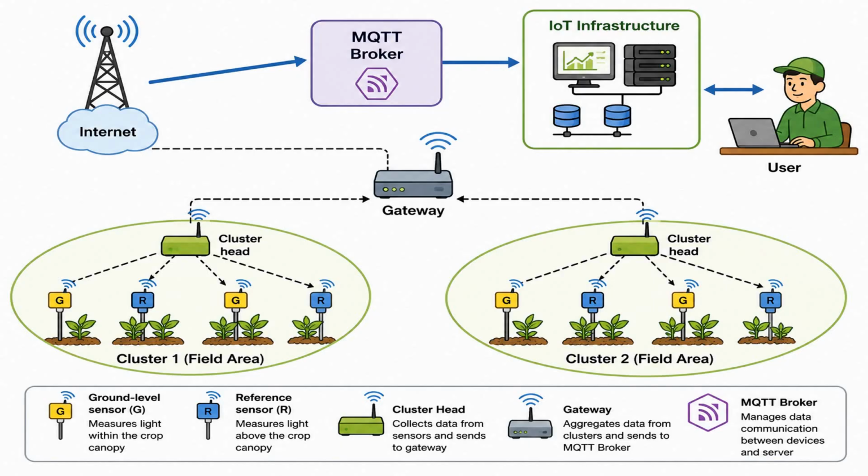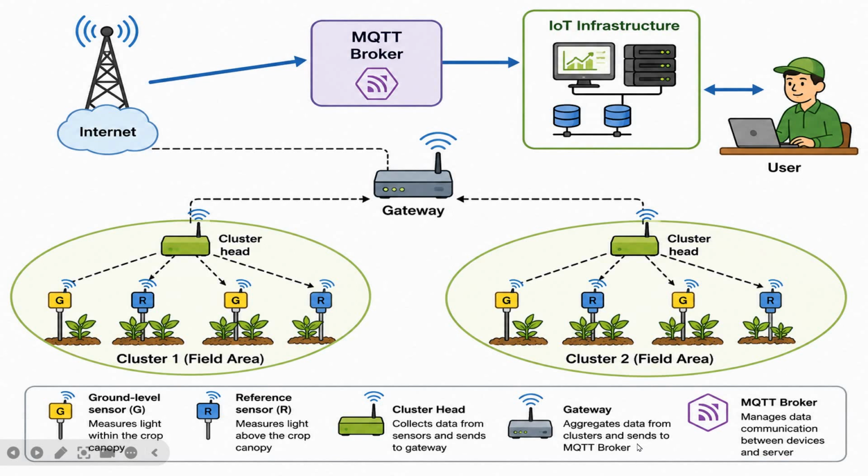So here you can see there are two types of sensors, that is the ground level sensor and the reference sensor. The ground level sensor measures the light within the crop canopy, and the reference sensor measures the light above the crop canopy. You have a cluster head which collects the data from the sensors and sends it to the gateway.